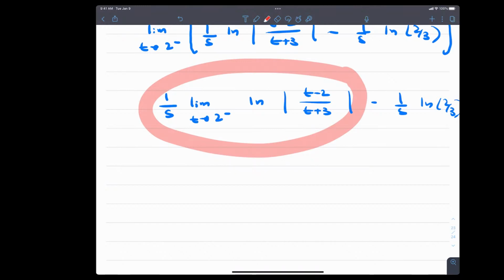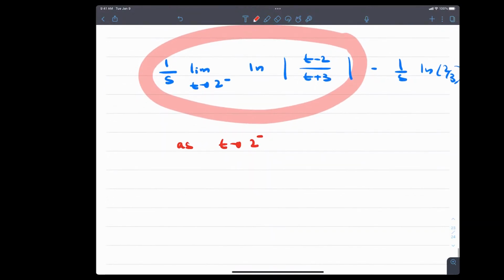We're going to have to figure out what this limit is. Remember, this is as t goes to 2 from the what? From the left. There's a couple of things I can do here.